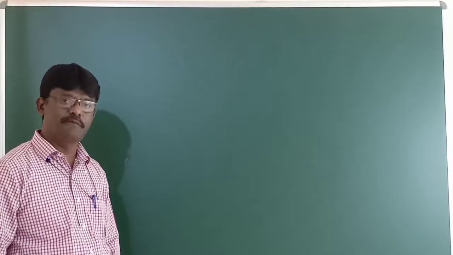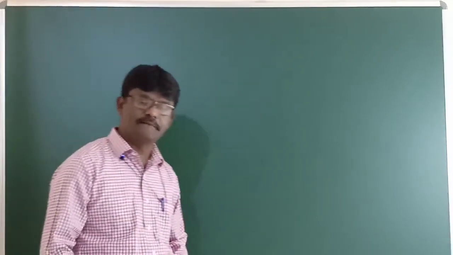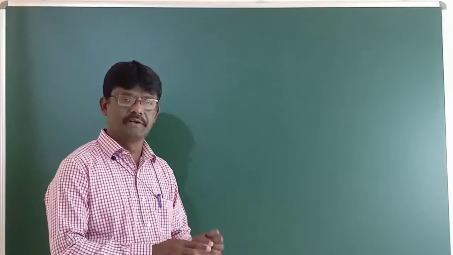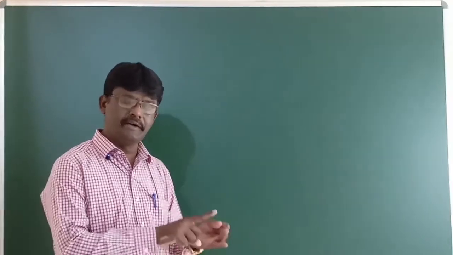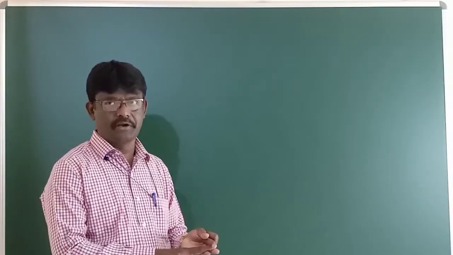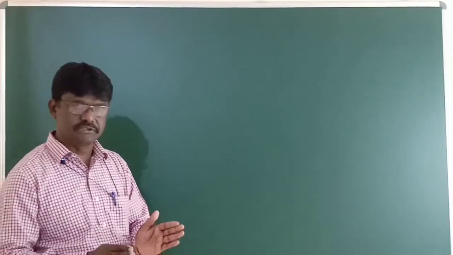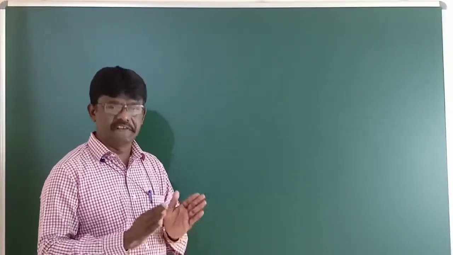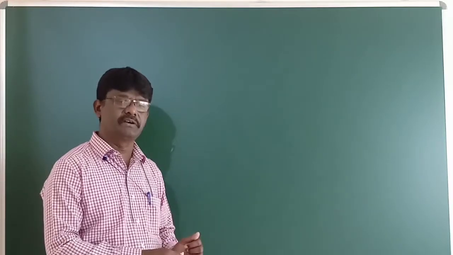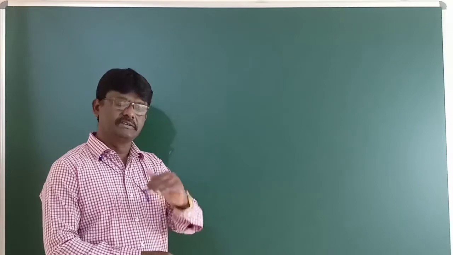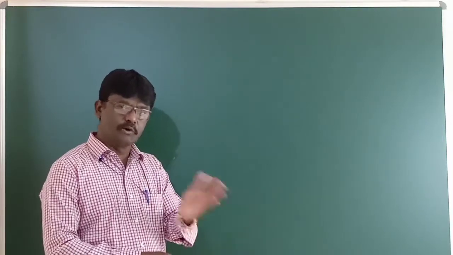In order to find the nature of the roots, we need these two basic definitions: real numbers and non-real numbers. And along with this, the most important term we need is discriminant. What is a discriminant? Discriminant is one which describes the nature of the roots. How could that be?